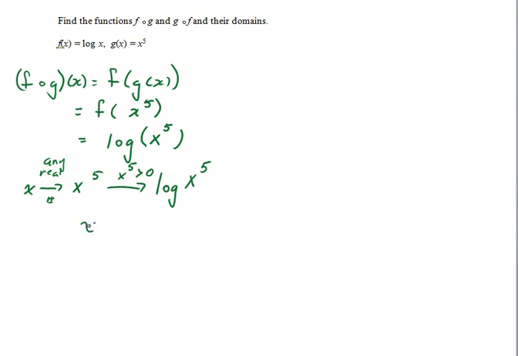If x to the fifth is greater than 0, we notice that a negative number to the fifth would be negative, and so we must have x greater than 0 because we're not allowed to have a negative power as an input to log. And so the domain of the composition of f with g is the open interval from 0 to infinity.